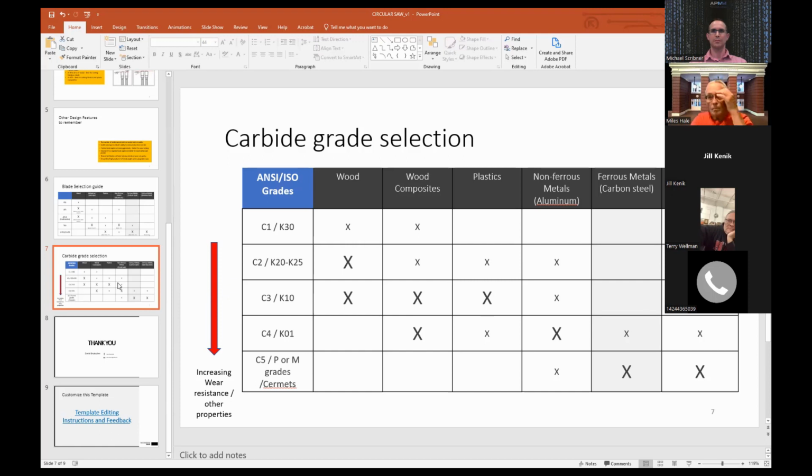And then above that, your metal cutting grades, P, M, or C5, and again for carbon steel and stainless steel. And then, above that is the Cermet grades. And again, Cermets are somewhat new to the market, but I do know that the price that you pay for Cermet is coming down as it gets more and more production.